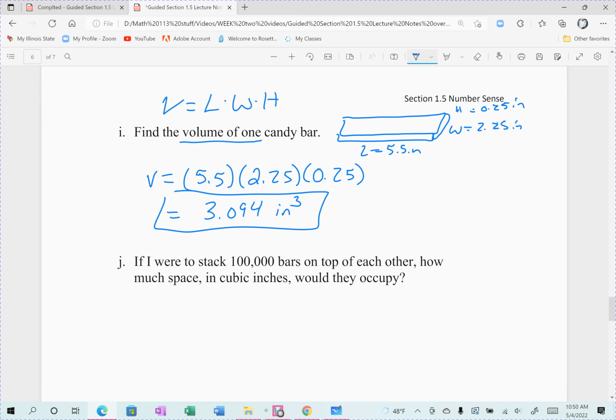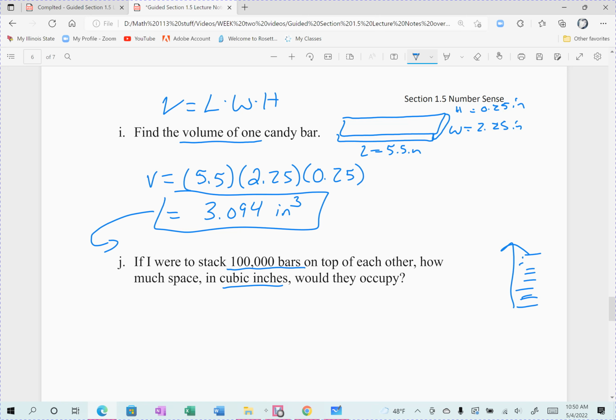All right, the last part of the Hershey bar question. Suppose I were to take 100,000 and stack them on top of each other, doing it perfectly. How much space in cubic inches, so we don't have to do any conversions, which is nice? How much space would it occupy if we stacked up 100,000 of them? That's the volume it would take.